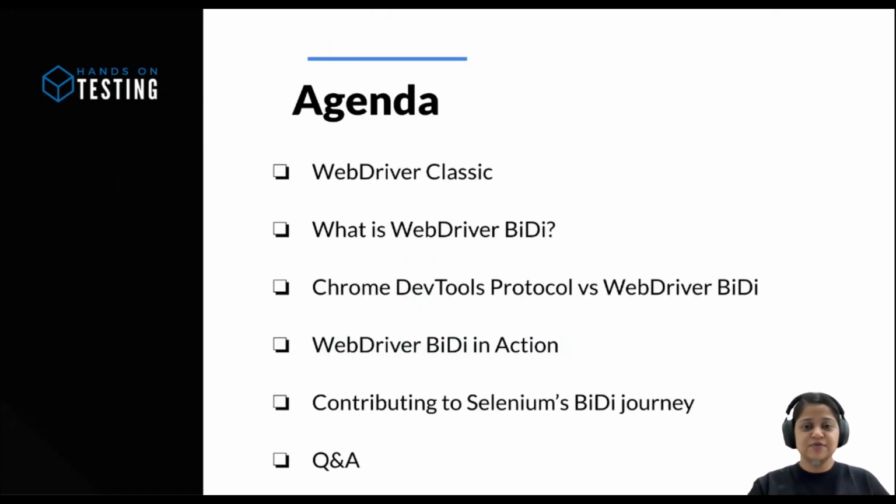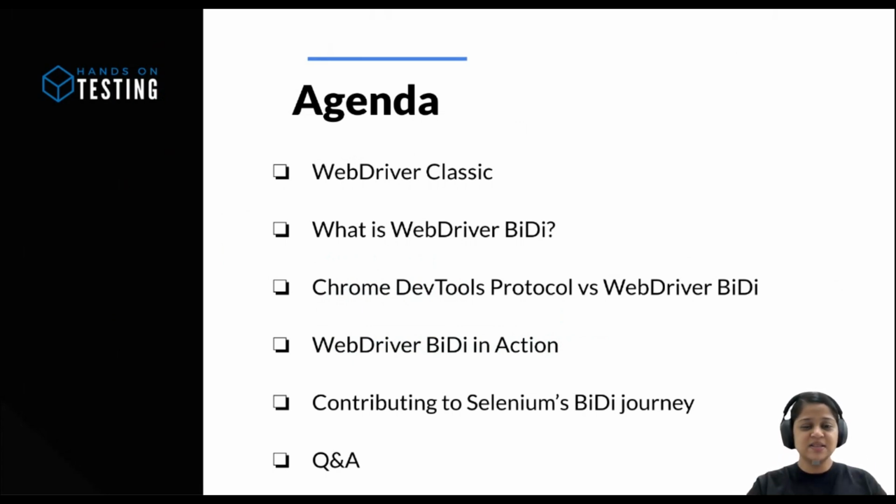Today it's going to be, I think, 40 minutes of talking time. So quickly, this is the agenda that we have for today. Like I said, today we're talking about WebDriver BiDi. That's the topic. But before we jump to that, it's important to understand what's currently present, which is WebDriver Classic. And then slowly iterate our way through as to why the WebDriver BiDi protocol is so important.